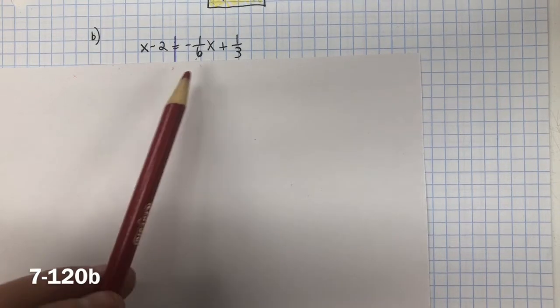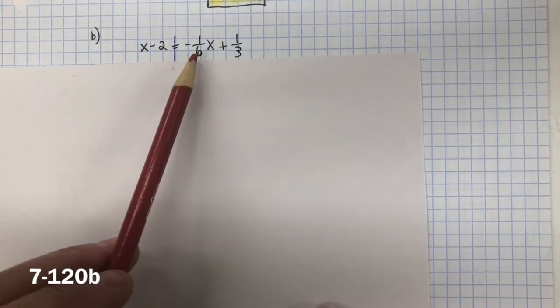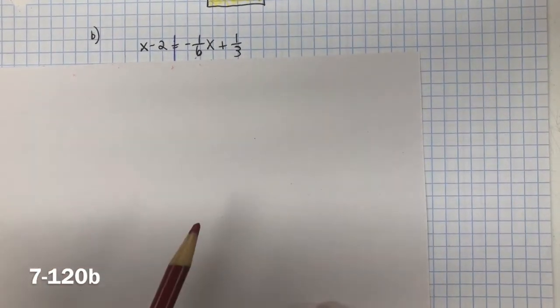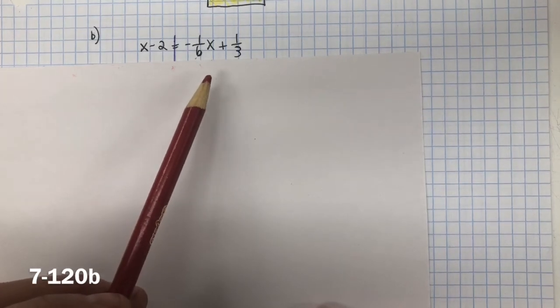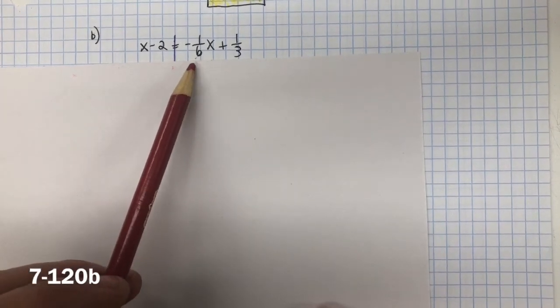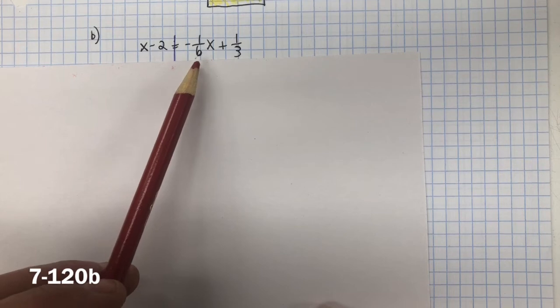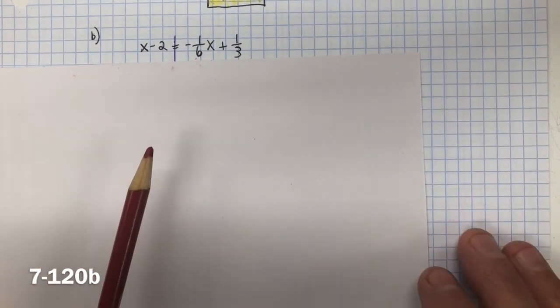In equation B, we have two fractions with denominators of 6 and 3. So to use the fraction buster method, we want to multiply each term by the least common multiple. The least common multiple for 6 and 3 is 6.